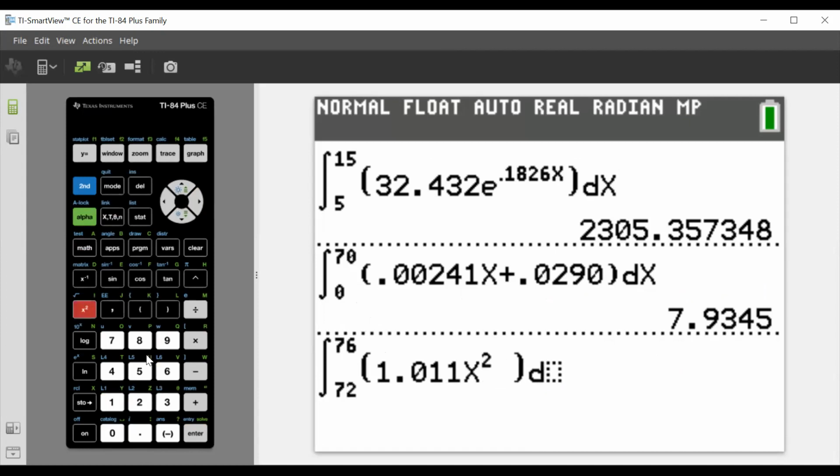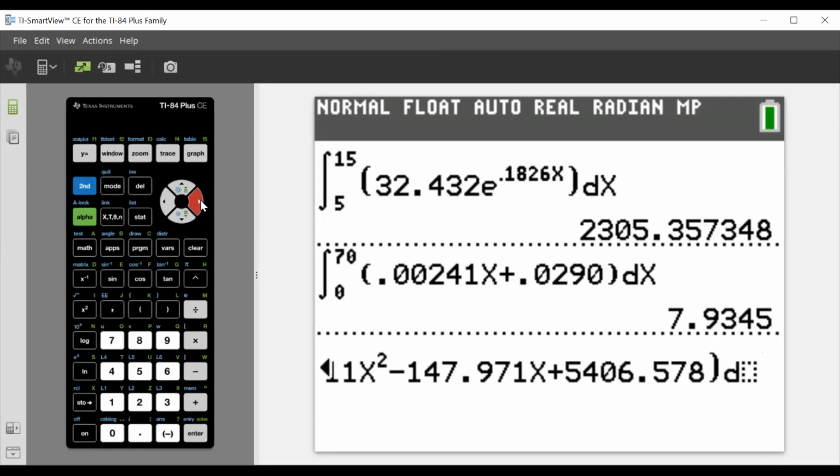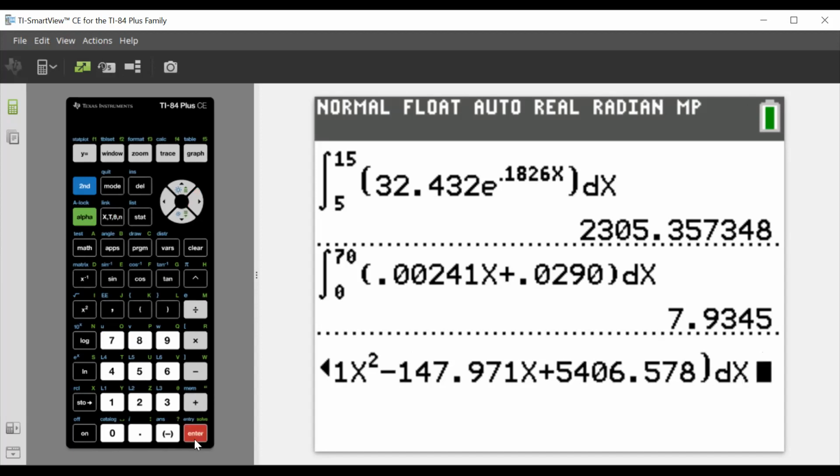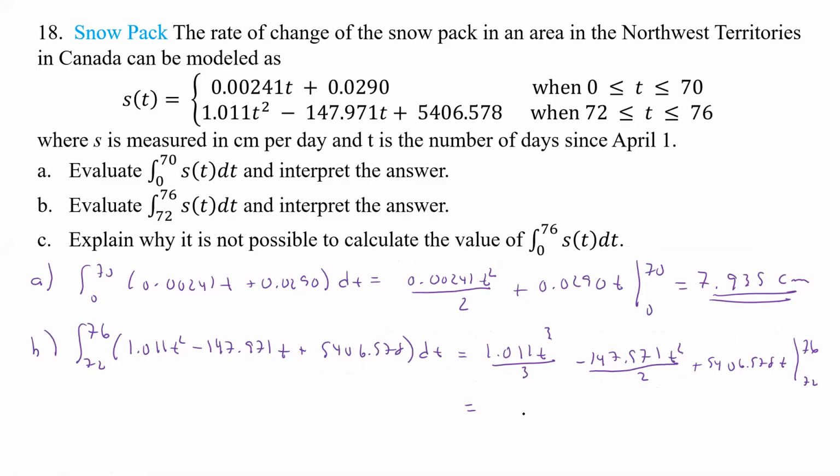And then we had minus 147.971 x, and then it was plus 5406.578, and then out here we had an x, and so that gives us a negative 22.768. Okay, so negative 22.768 centimeters. And so that is what it did after that.